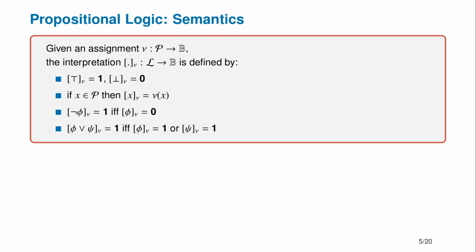So what is the semantics of propositional logic? We define the semantics with respect to an assignment of the variables, meaning that we have a function which maps each variable of P to a Boolean value, which is true or false, and then we can define an interpretation function which gives a meaning to every element of L based on the assignment that is given, and a propositional formula is either true or false.